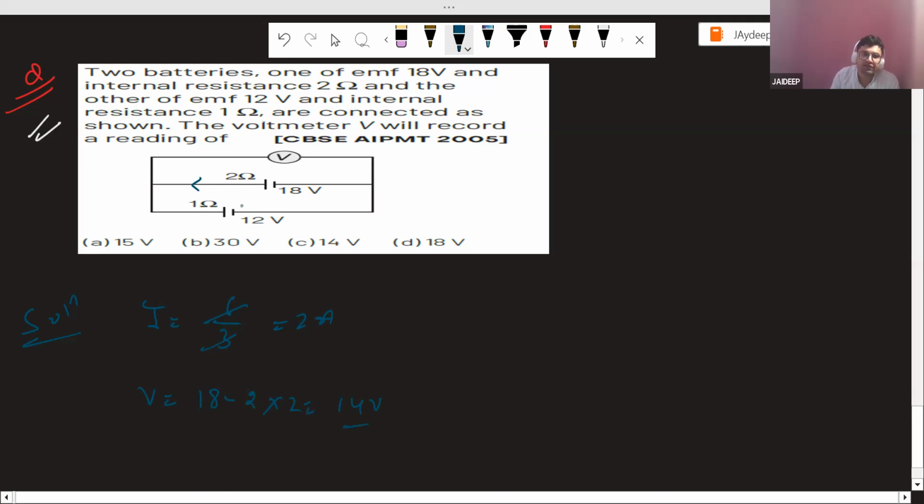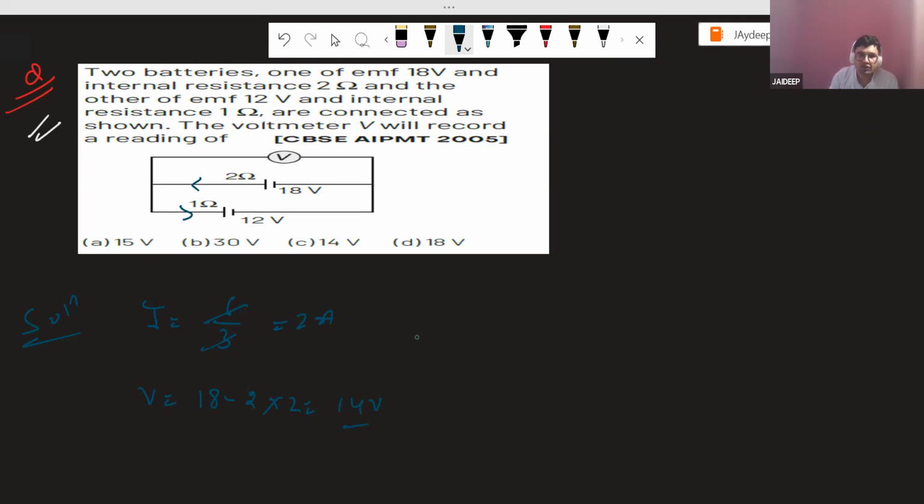In this case of discharging, this battery will get discharged and the other battery will get charged. All three connections are in parallel, so the voltmeter is connected in parallel. For the other battery, V dash is 12 plus 2 into 1, that is 14 volt. In both cases we are getting the same, so the answer is 14 volt.